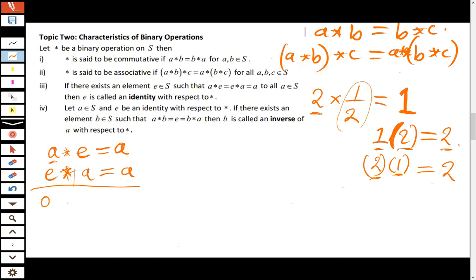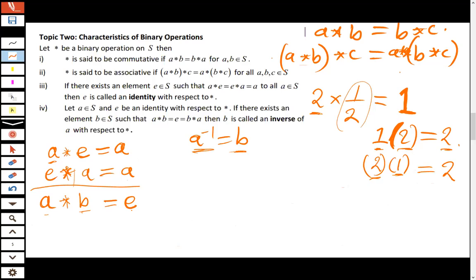So what I'm trying to say about the inverse is that if you have the element A and you find an operation of A and its inverse, which I'll write as A inverse, the answer that you get is simply just E. Or rather, let me say A inverse is simply just B. So when you find A star B, the answer should give us E, because we've defined B to be the inverse of A. So when you find A times its inverse B, the answer should give you an identity element.